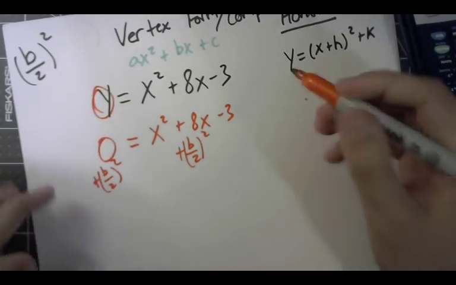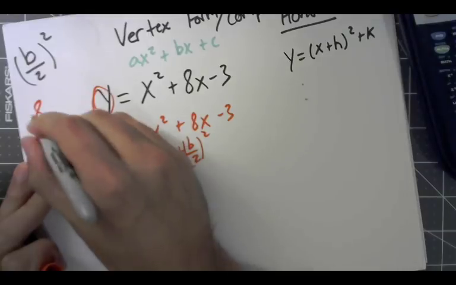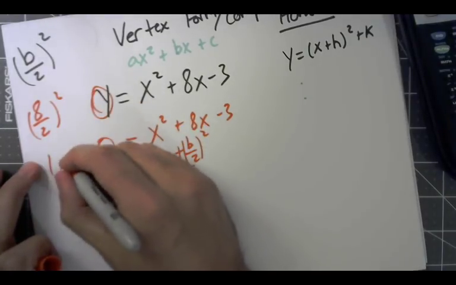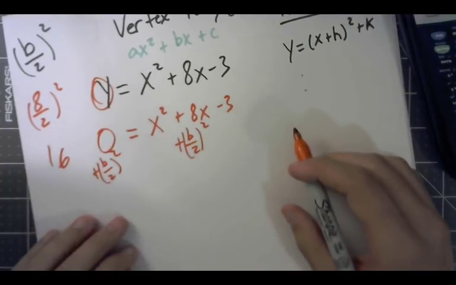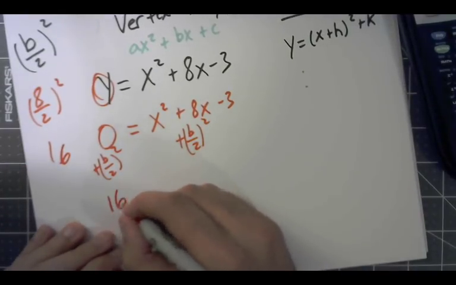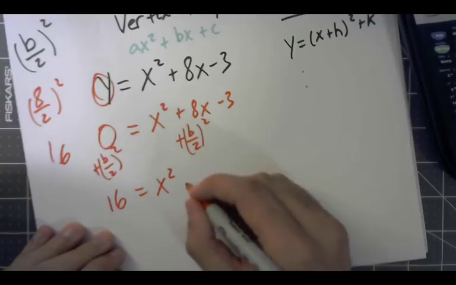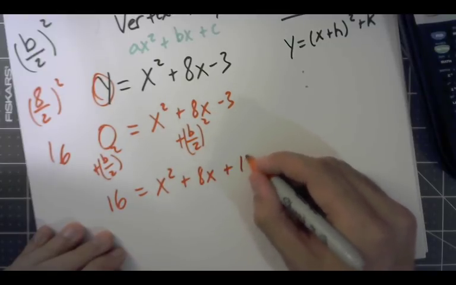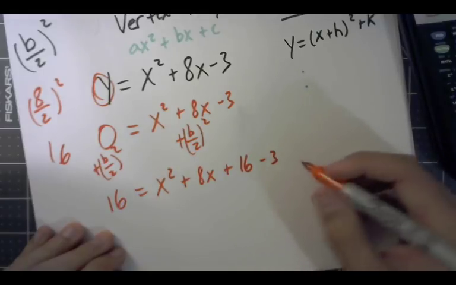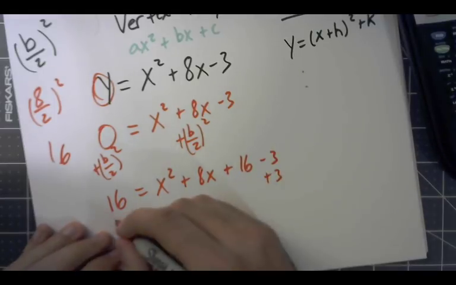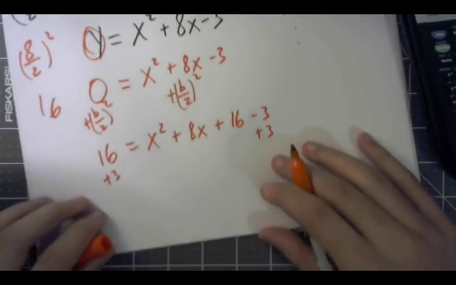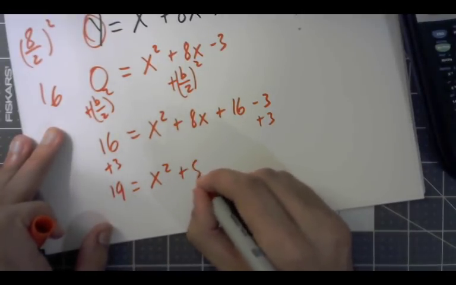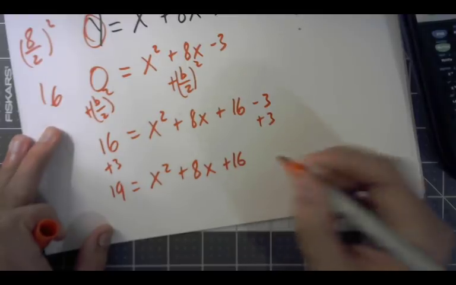So half of b squared: I have 8, half is 4, and 4 squared is 16. So adding 16 to both sides, 16 equals x squared plus 8x plus 16 minus 3. Let's move this 3 over. Probably should have done that earlier. We have 19 equals x squared plus 8x plus 16.